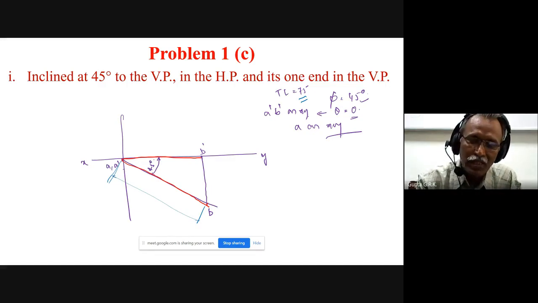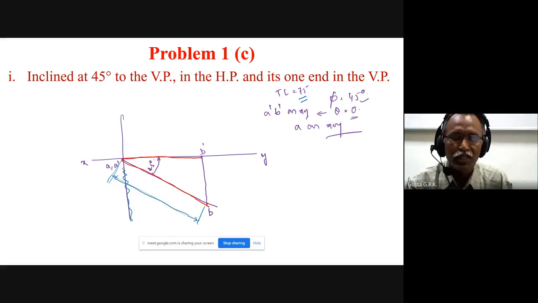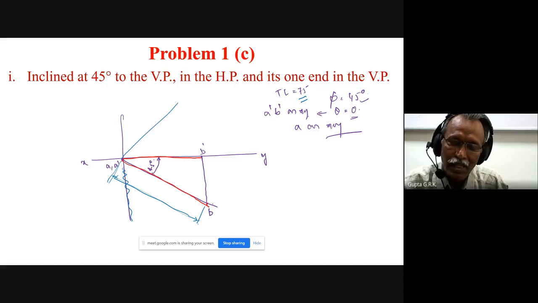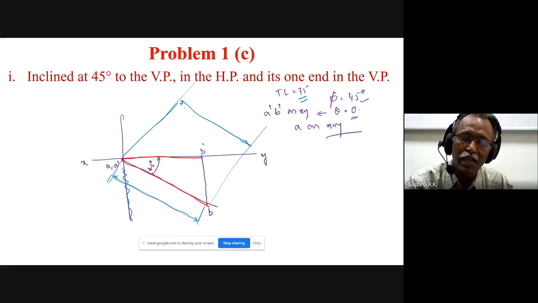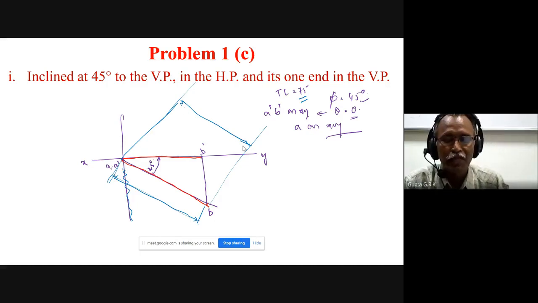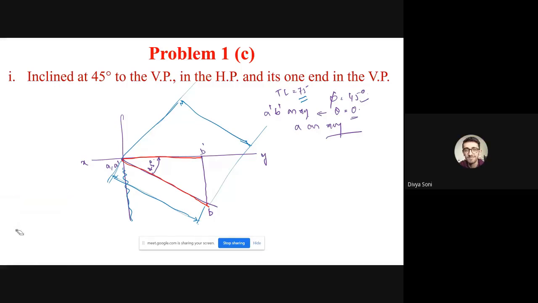Or you can erase this extra projector and draw the dimension line on this side. Even otherwise you can draw extension lines like this, and show 75 here, because extension lines can cut, but dimension line should not cut any line. Okay, that you have to remember. Is that okay? Yes, sir.